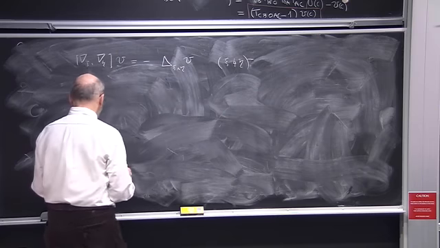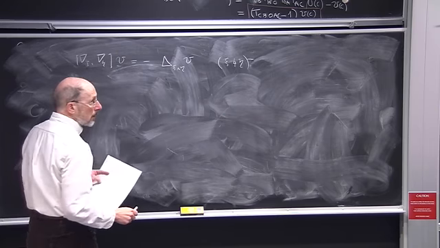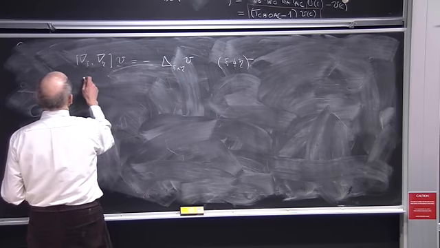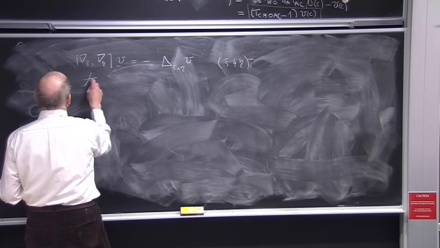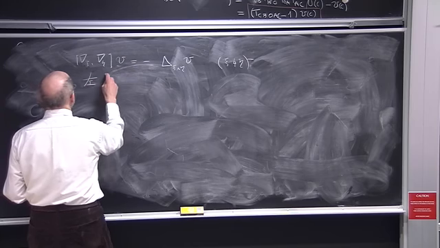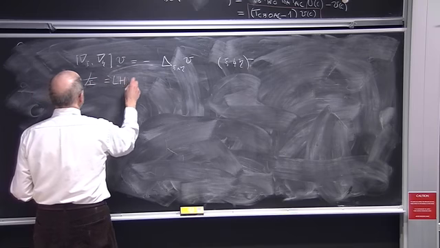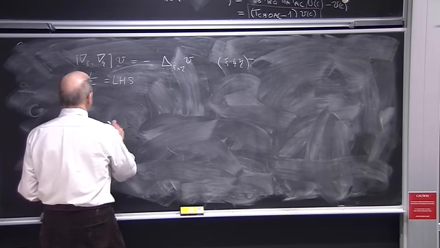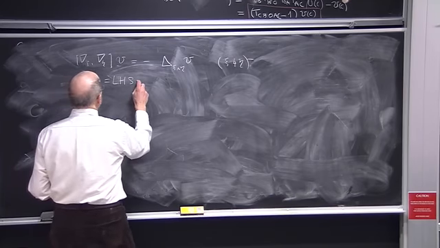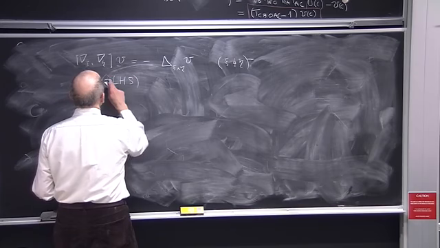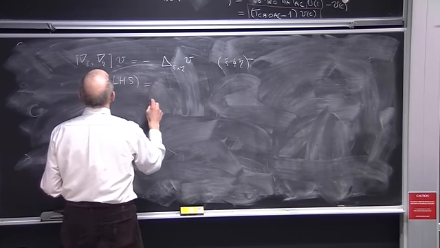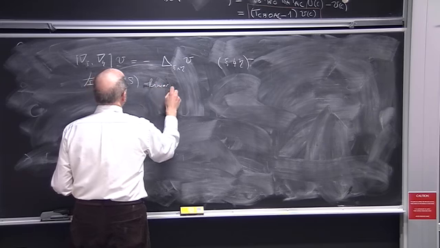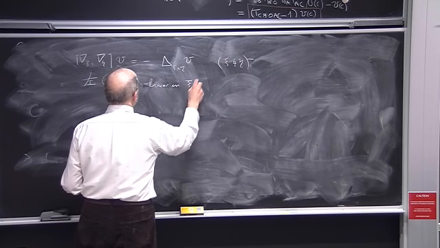So from this thing, we learn several things. First of all, we look at the left-hand side. Sometimes I like to use this symbol for left-hand side. So this left-hand side, what we can see from this, is linear in Xi and eta.